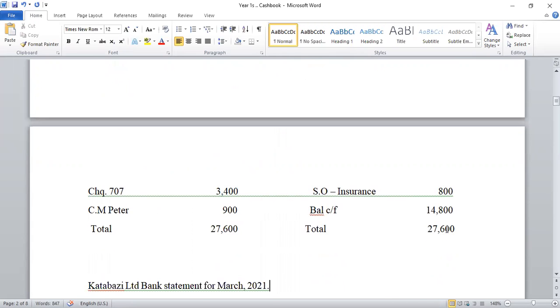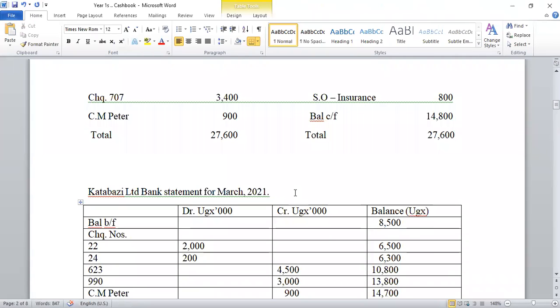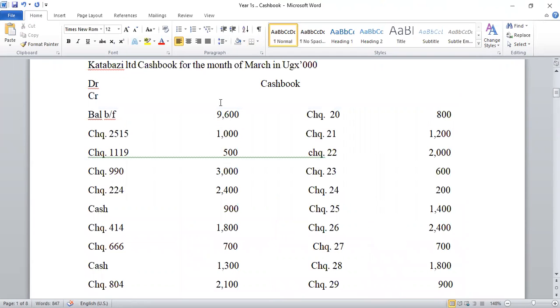However, usually, like you can see now on the bank statement, the opening balance is 8,500. This opening balance is still different from the opening balance of the cash book. Okay, this is the scenario I was talking about, where you have to first reconcile the opening balances before you go to the closing balances.